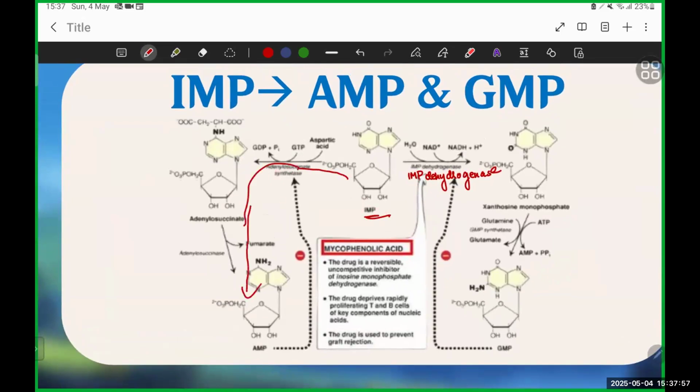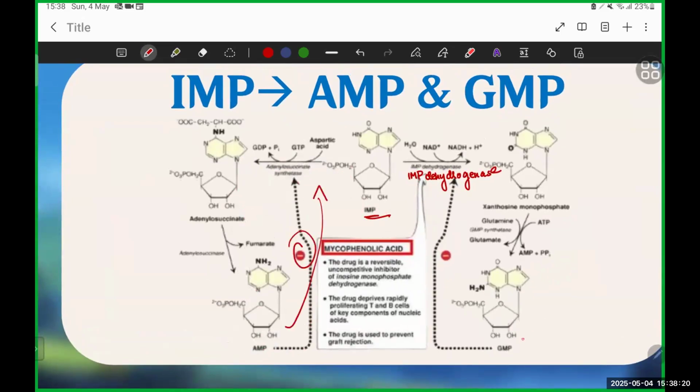Again, because AMP is the end product, if you have enough AMP, it's going to stop its enzyme, like, stop making me, I'm enough. Okay, this is basically feedback inhibition.